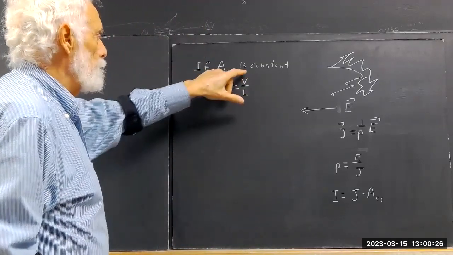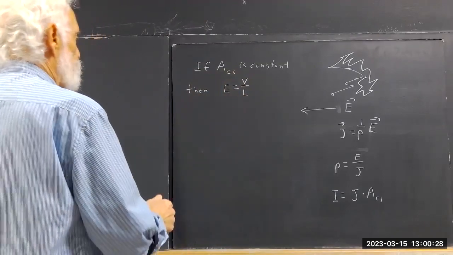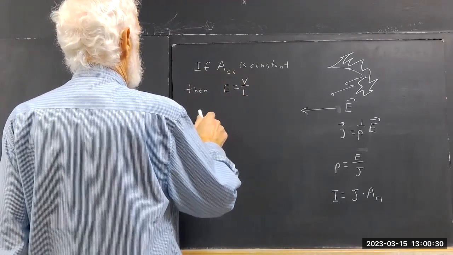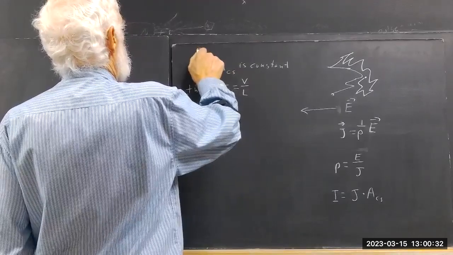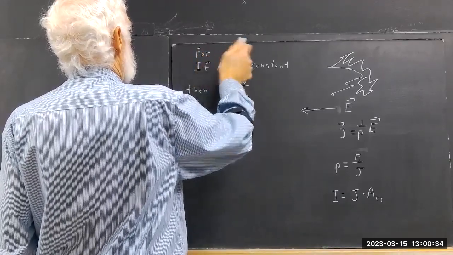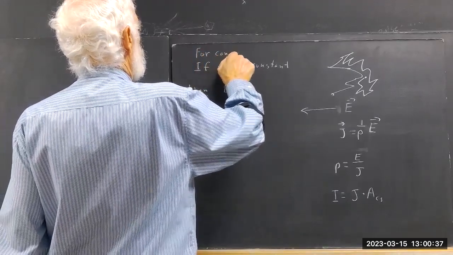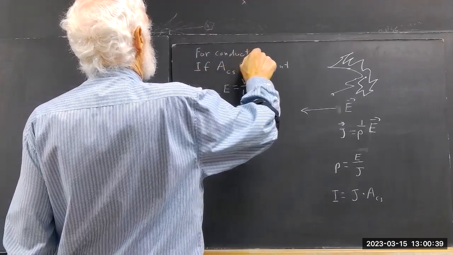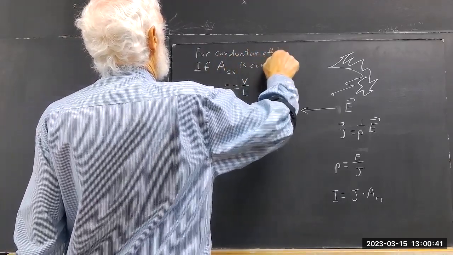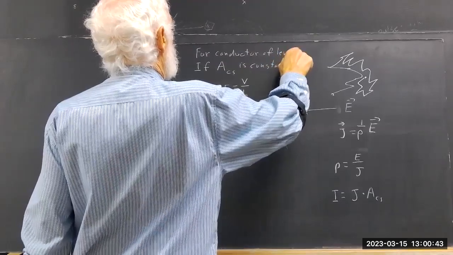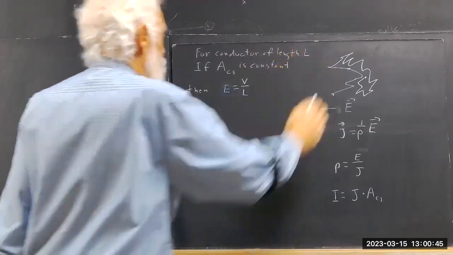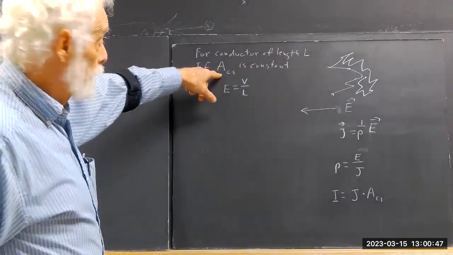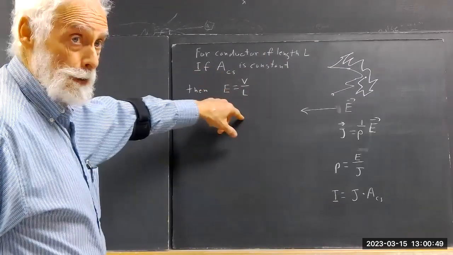Then your electric field is V over L. For a conductor like that, if your cross-sectional area is constant, then E is V over L.